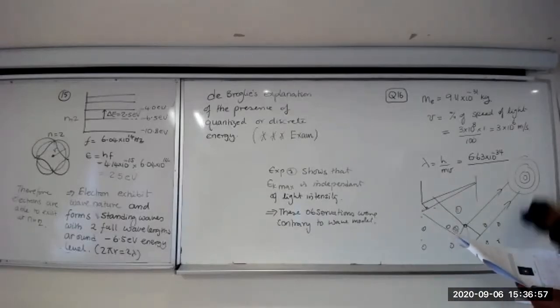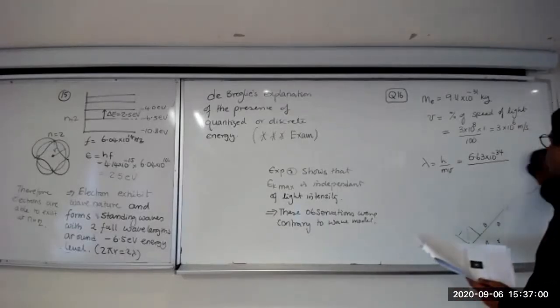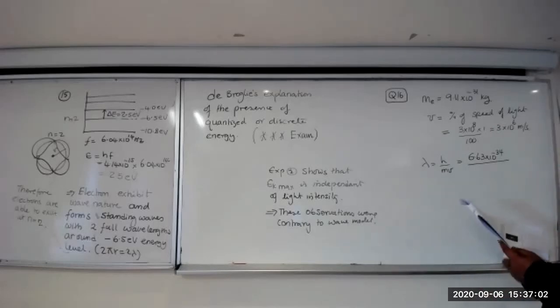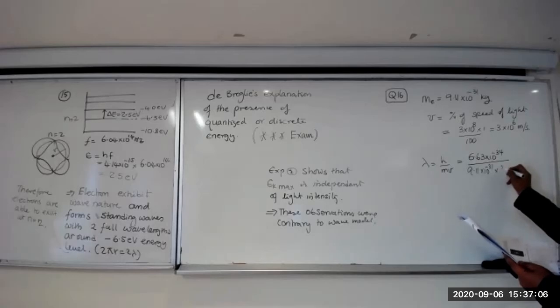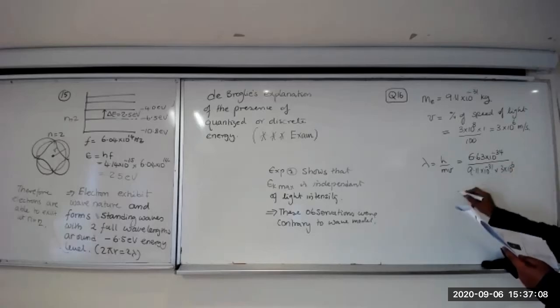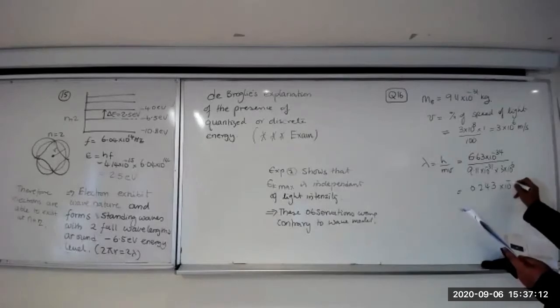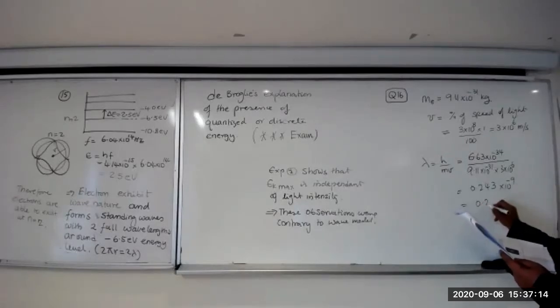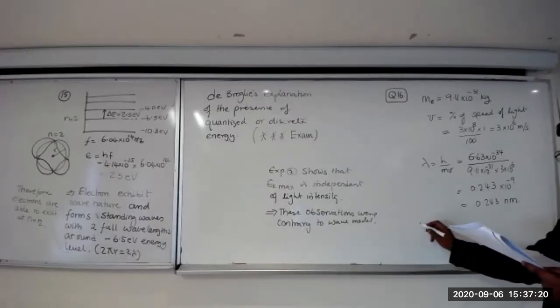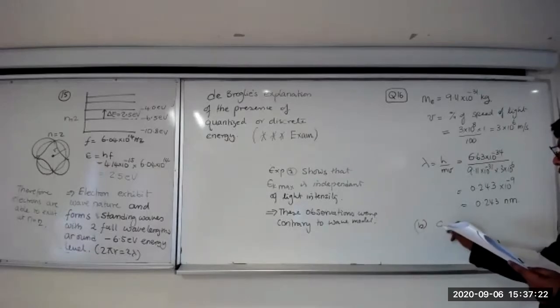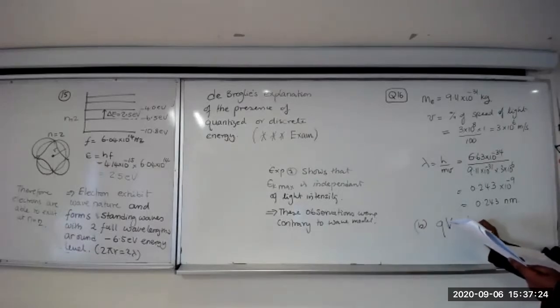Okay. So when you substitute the values, 9.11 times 10 to the power negative 31, and 3 times 10 to the power 6, you should get a value of 243 times 10 to the power negative 9, which is 243 nanometers. And the last one, part B, just use qV equals half mv squared.